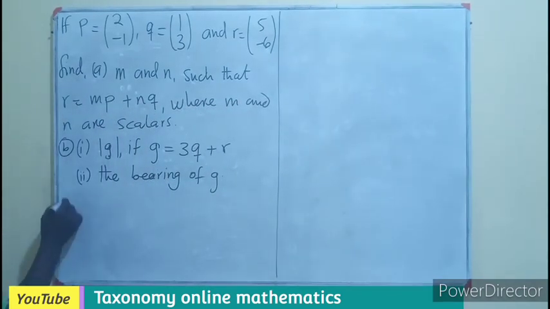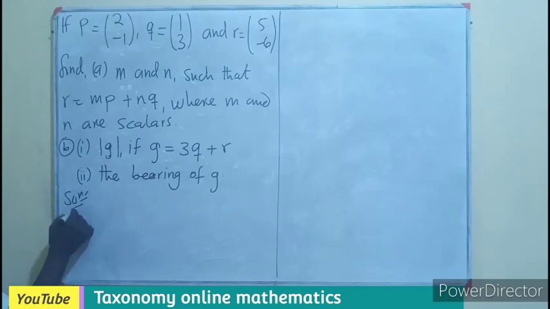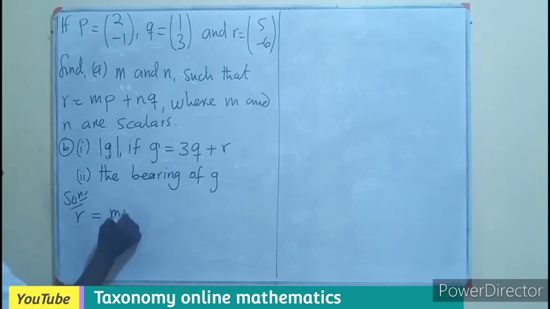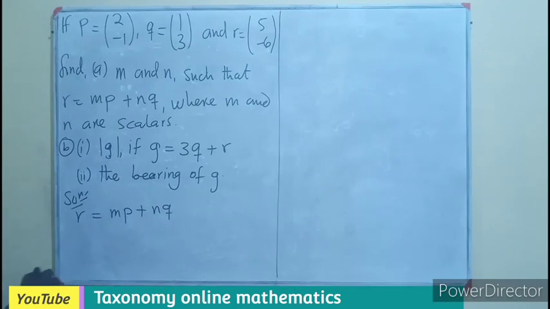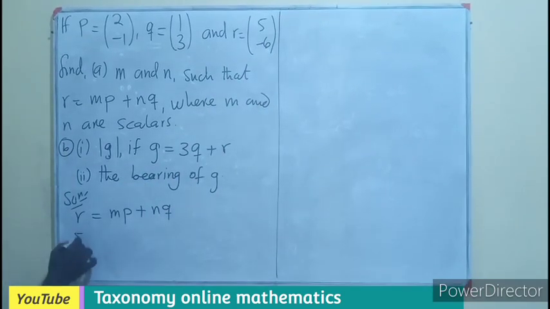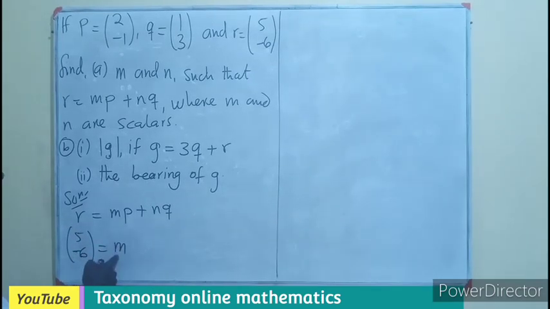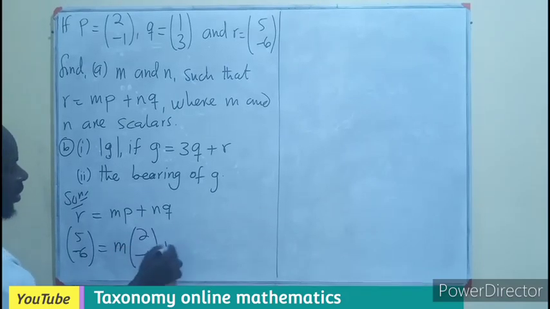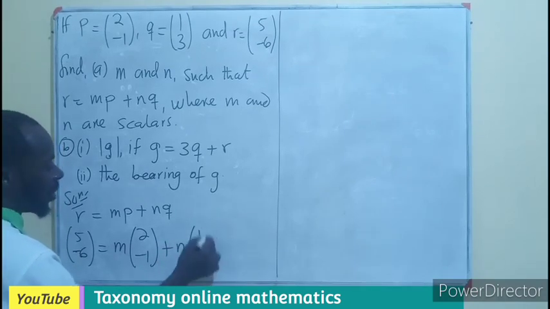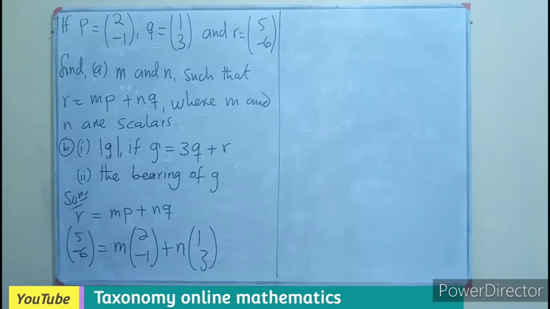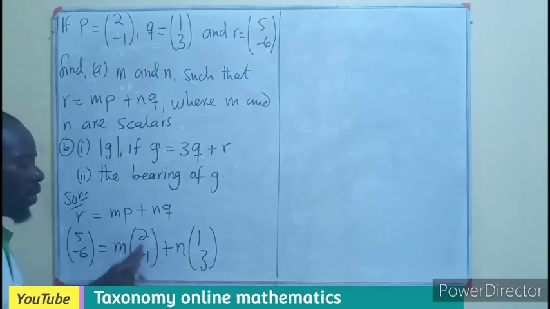For part A, we are going to have R equals MP plus NQ. So we know the vector R, which is 5 and negative 6, equals a scalar multiple of P, 2 negative 1, plus a scalar multiple of Q, which is 1 and 3. When doing scalar multiplication of vectors, the scalar multiplies each component of the vector.